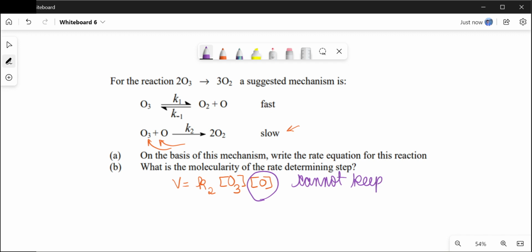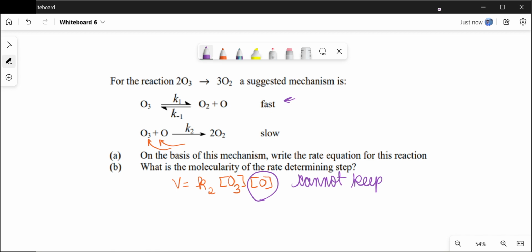So what I'm going to do is make a new set of rate expressions that involves O. Now I see that O is in my fast reaction and also in my slow reaction. So I'm going to have two different expressions that involve O. Since I already took care of my slow one, I'm going to use my fast reaction. So let's write that out.